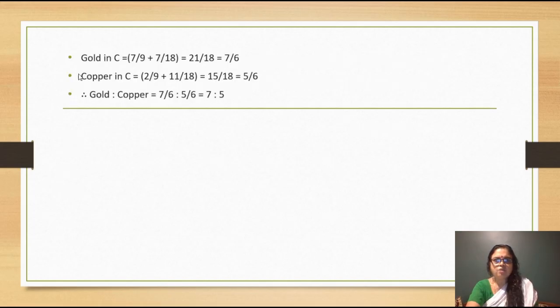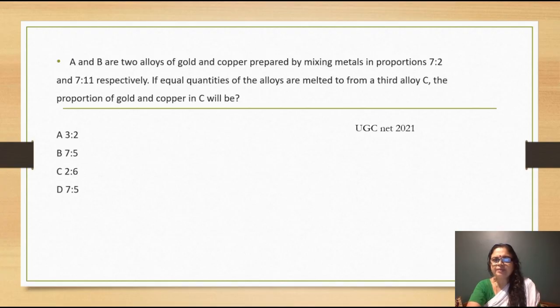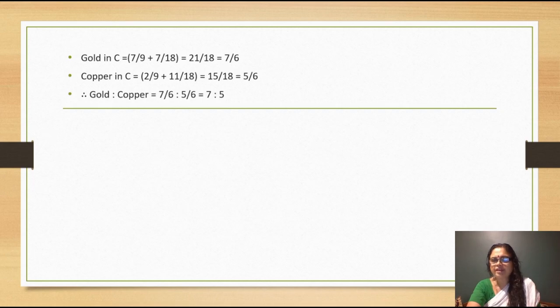So gold in C will be 7 by 9 plus 7 by 18, that is 21 by 18, which is 7 by 6. So cut short that fraction. Copper in C will be 2 by 9 plus 11 by 18, that is 15 by 18, which is 5 by 6. So gold is to copper will be 7 by 6 is to 5 by 6, which is 7 is to 5. So the proportion of gold and copper in C will be in the ratio 7 is to 5.